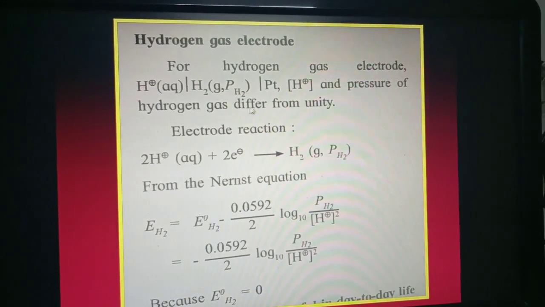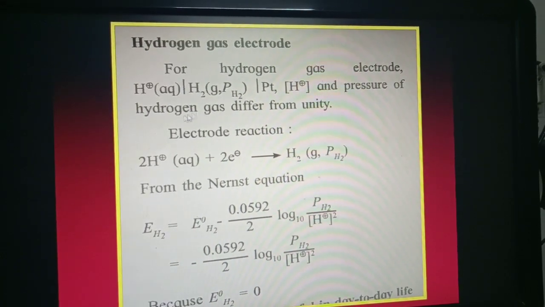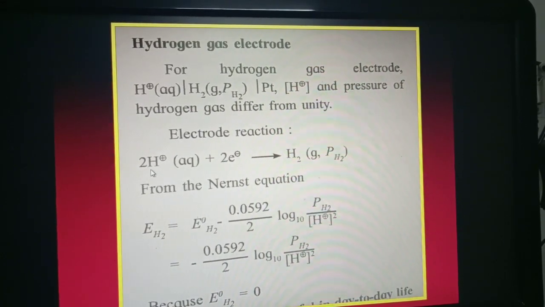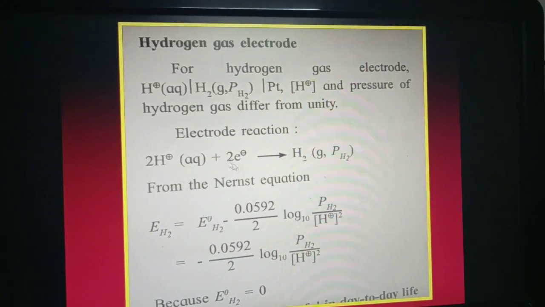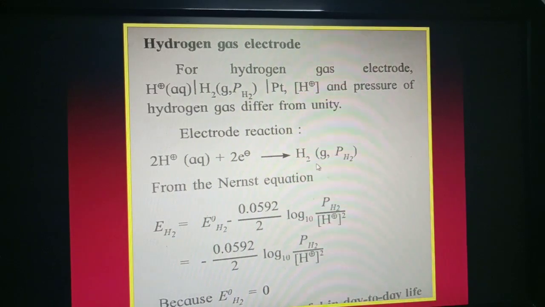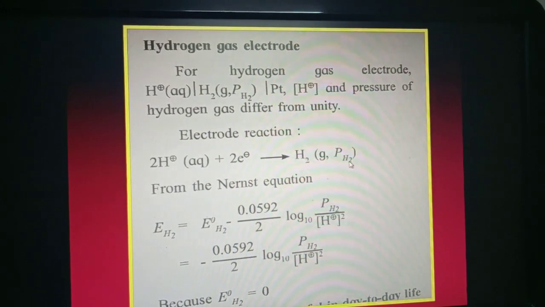The pressure of hydrogen gas differs from unity. Then electrode reaction can be represented as 2H+ aqueous gains 2 electrons to give H2 gas, whatever the pressure of hydrogen gas may be. That is to be considered here.